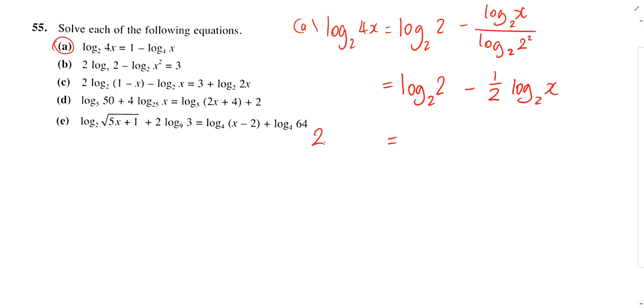Okay. 2 log base 2 4x equals 2 log base 2 2 minus log base 2x. Is this what you want? And then what happens? How to remove the log 2?